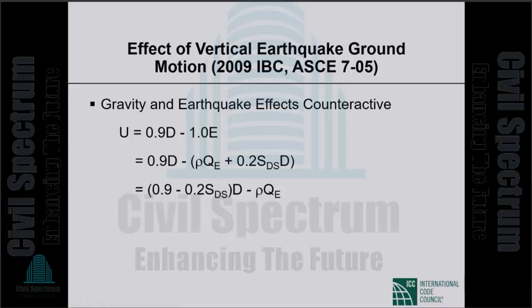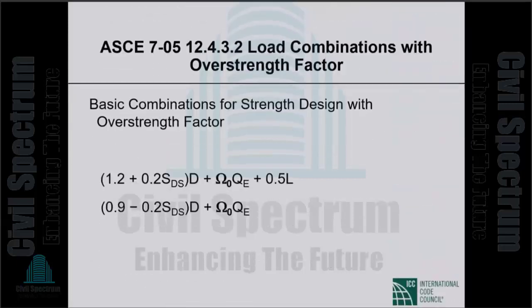So when dead loads are additive to earthquake effects, we consider vertically downward earthquake effect, thereby increasing the dead load factor. And when dead loads counteract earthquake effects, we consider vertically upward earthquake effect, thereby decreasing the dead load factor.